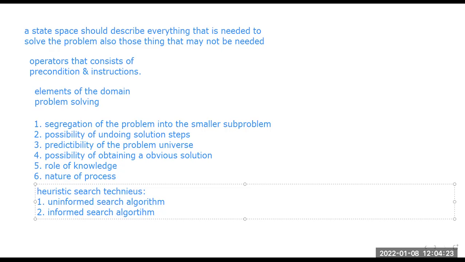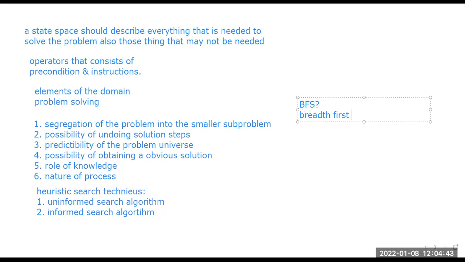So BFS, the full form we know as breadth first search. What happens in BFS? It is a search strategy. In breadth first search, a higher layer of a decision tree is searched completely before proceeding to the next layer.